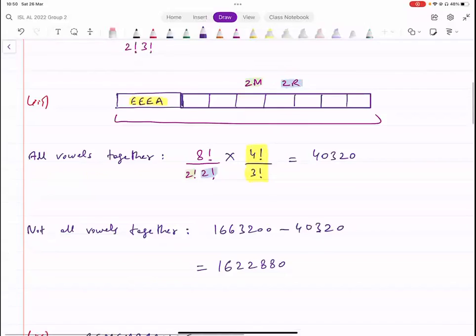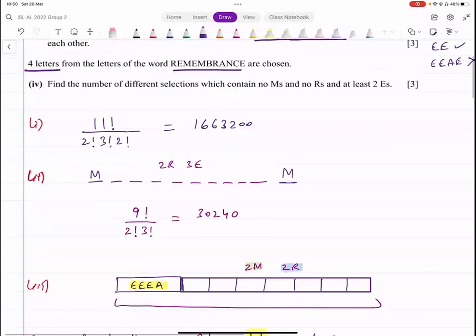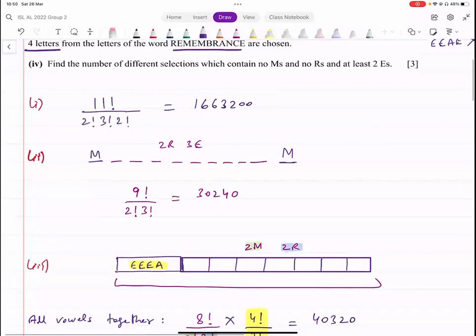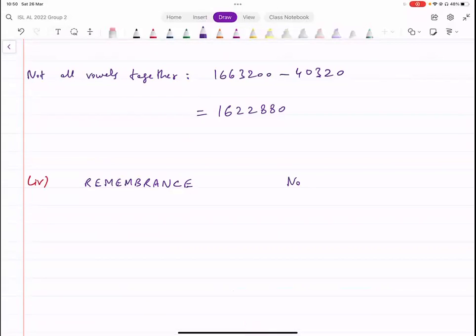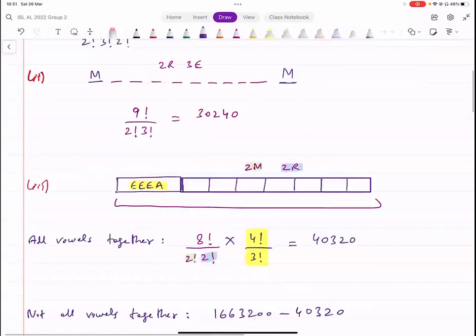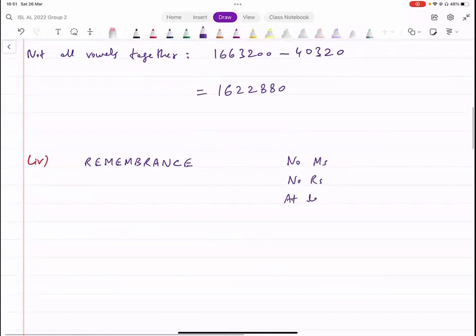Okay, इसमें से 4 letters select करने. We don't want any M's. We don't want any R's. M और R नहीं select करने. We want at least 2 E's.